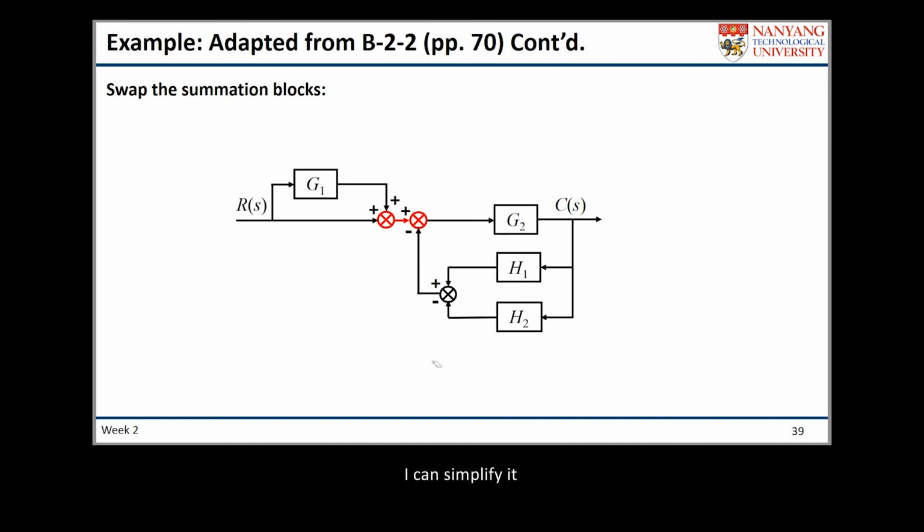I can simplify it by just summing these two blocks. But be careful in here, I have a summing point with a positive and negative sign. So if I want to simplify this part, I can just sum these two, H1 with negative H2.